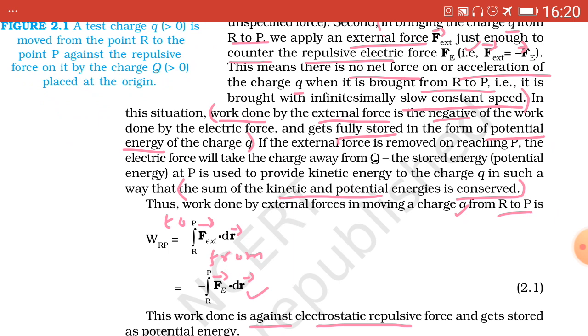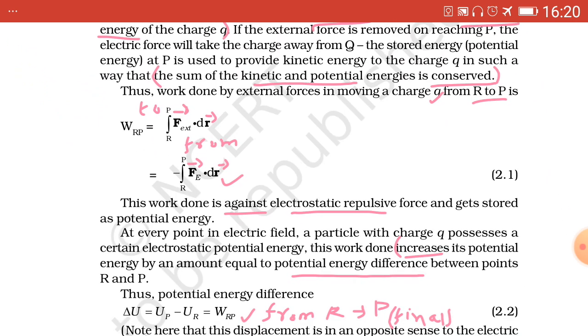Now we deal with the mathematical expressions from this description.